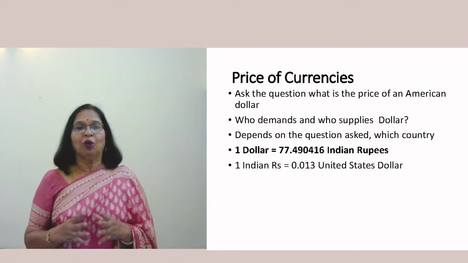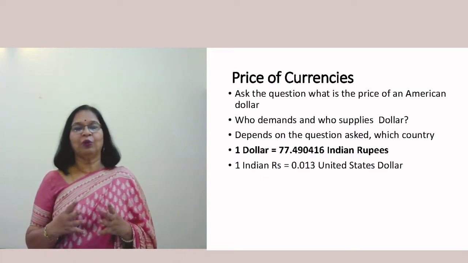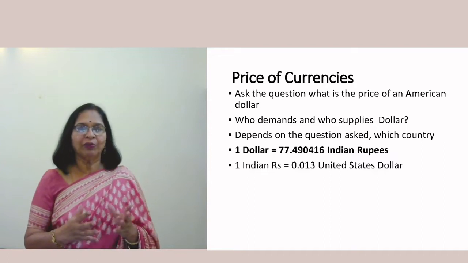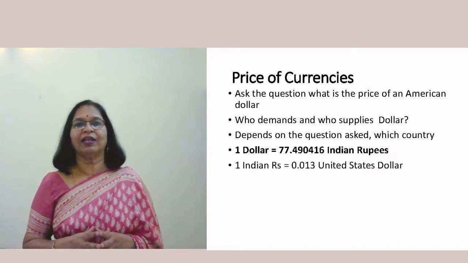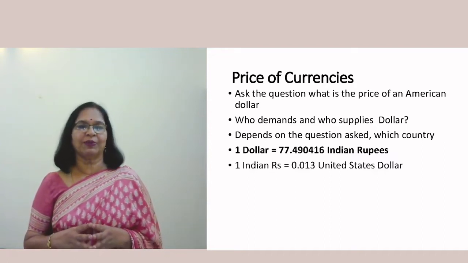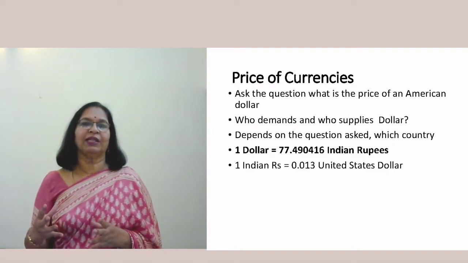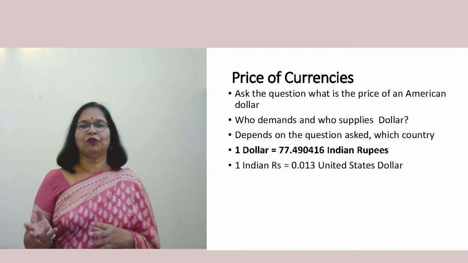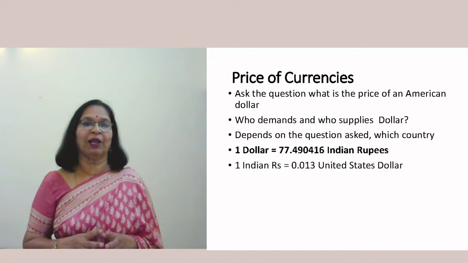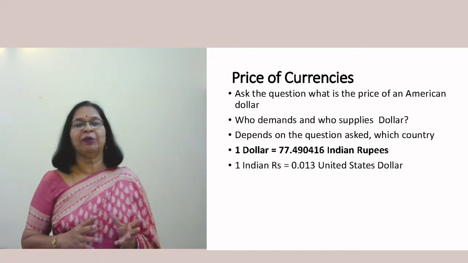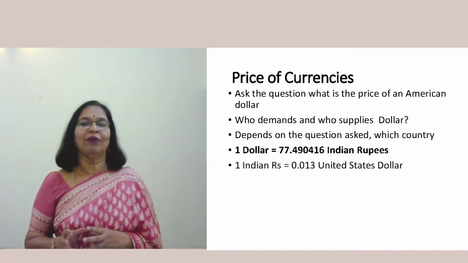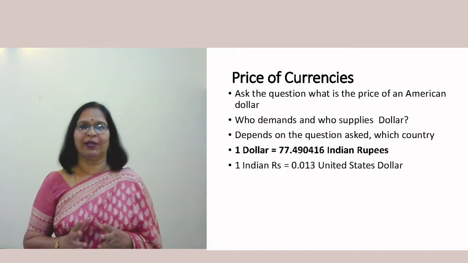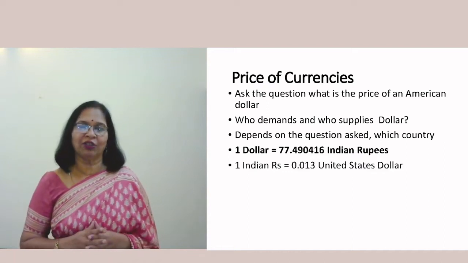Now the question is, who demands dollars and who supplies dollars? From the earlier presentations, we understand the supply of dollar comes in when the USA, in this example, imports goods from India. So there is a supply of dollars, and the demand for dollars comes from India when we buy goods from the USA.